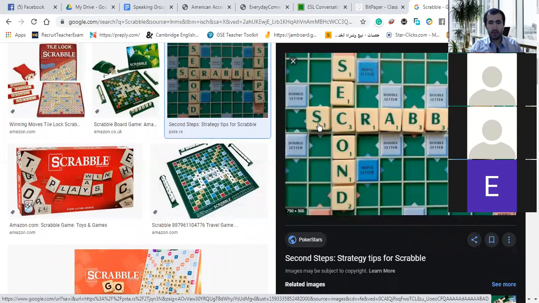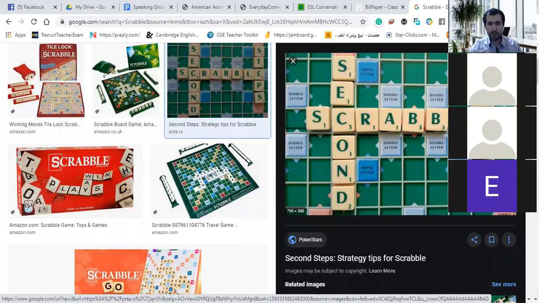Scrabble. So 1, 3, 4, 5, 6, and then 3, 9, 12, 13, 14. So this is the value of the word, 14. So we have a double word. If you put any letter here, you would get the whole word and you double it.